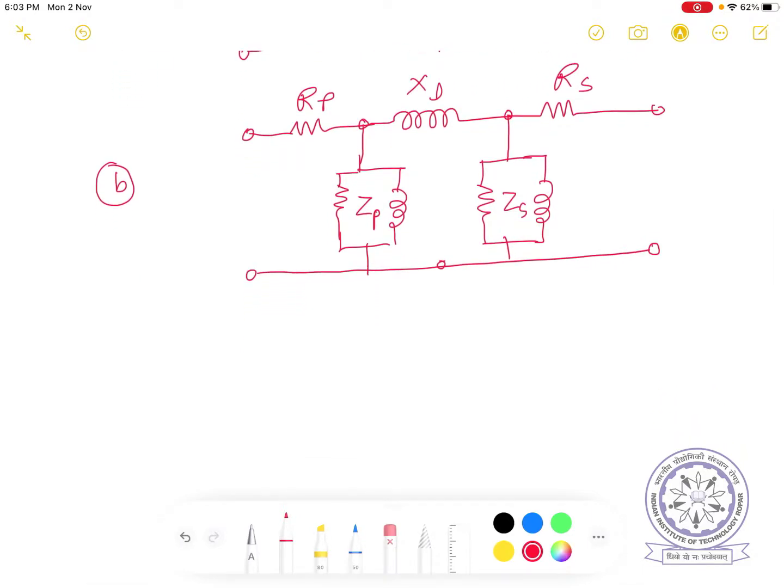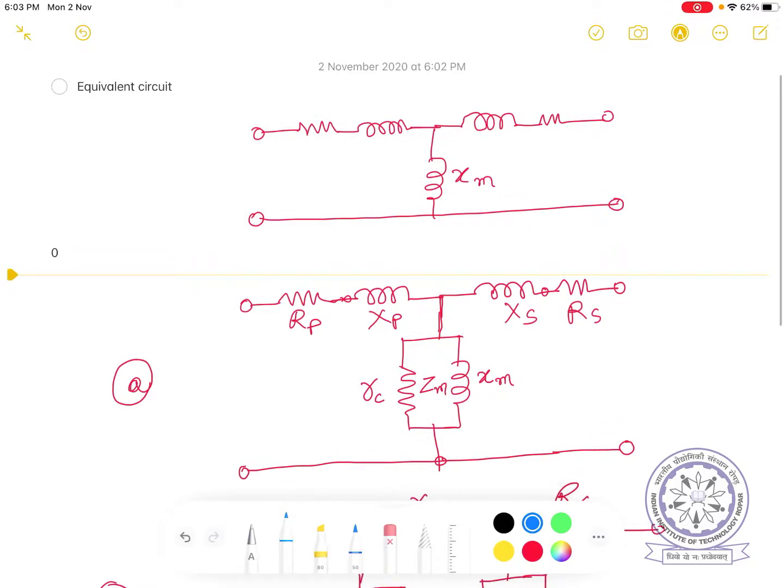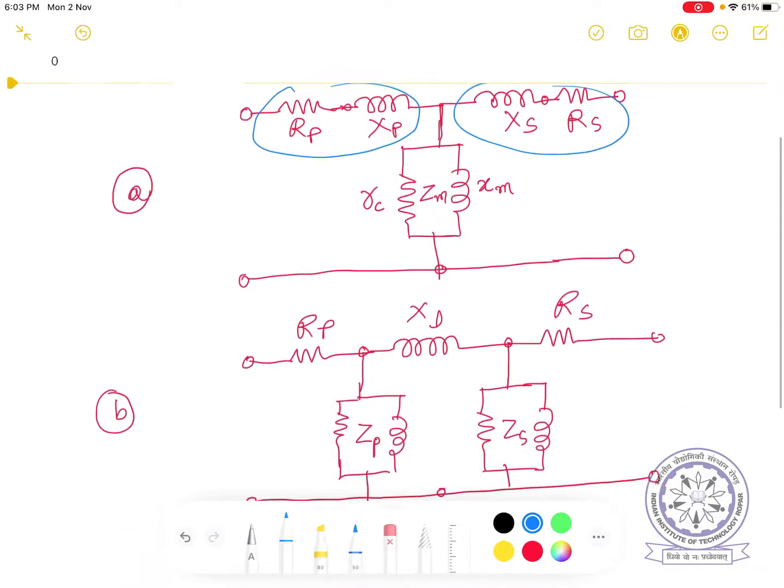But apart from these, we do have approximate equivalent circuits where the primary and secondary impedances, Rp, Xp and Xs, Rs, these referred quantities, can be clubbed together on one side.